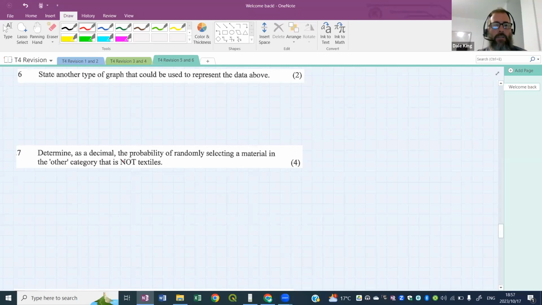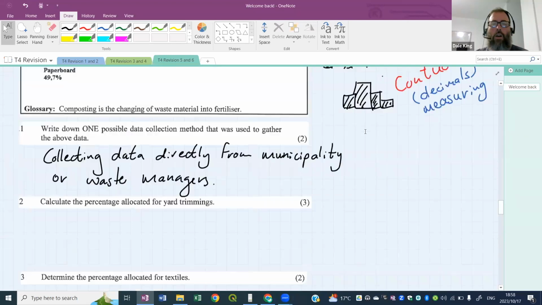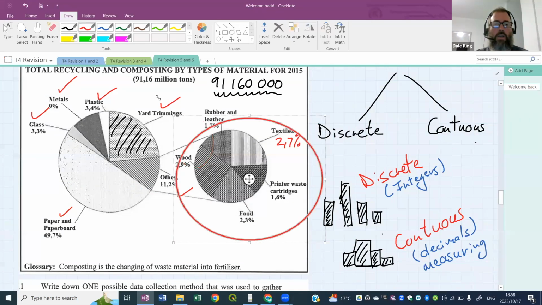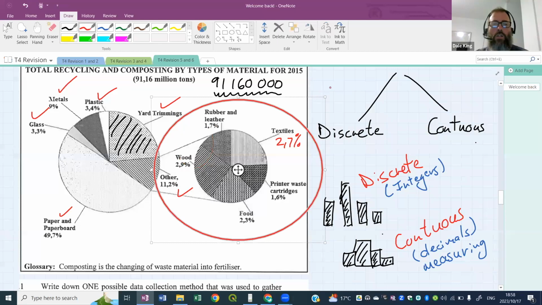Determine as a decimal the probability of randomly selecting a material in the other category that is not textiles. All right. What's the probability of selecting a material in this category here, the other category, which is not textile?